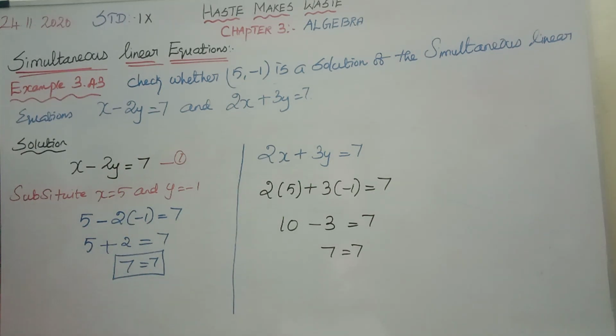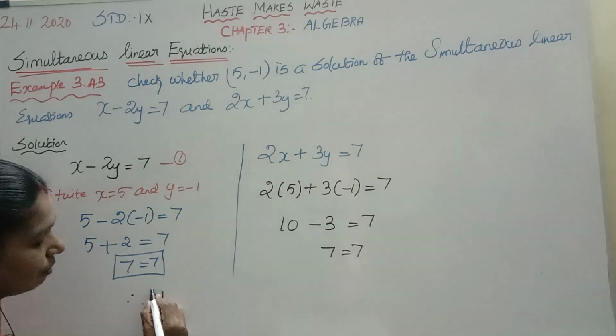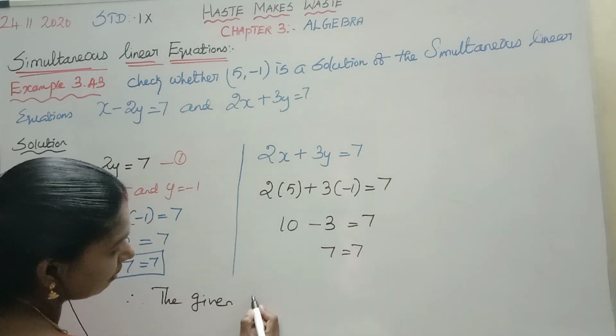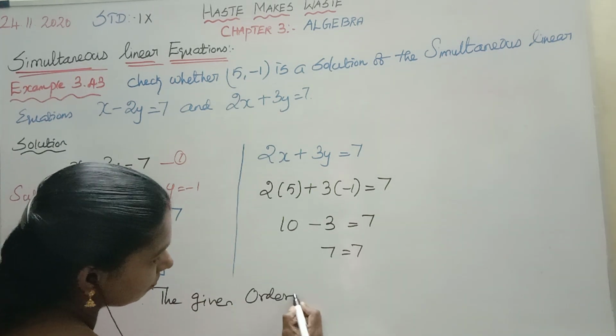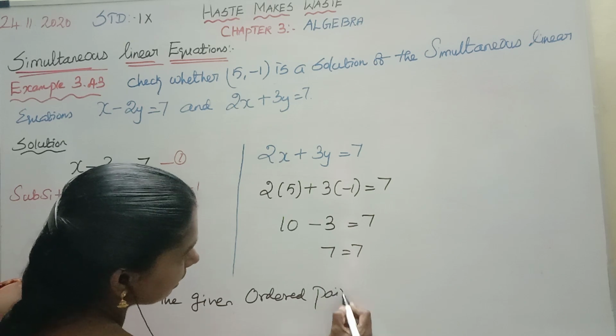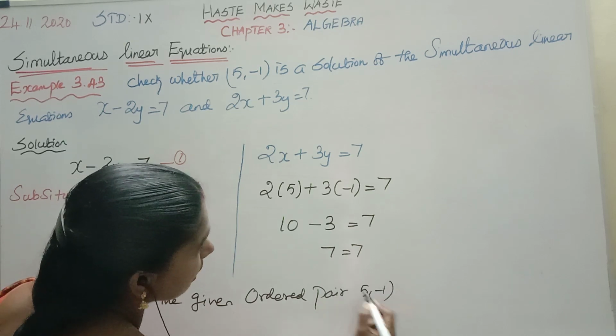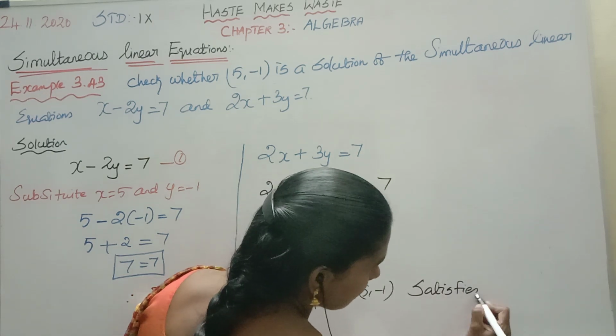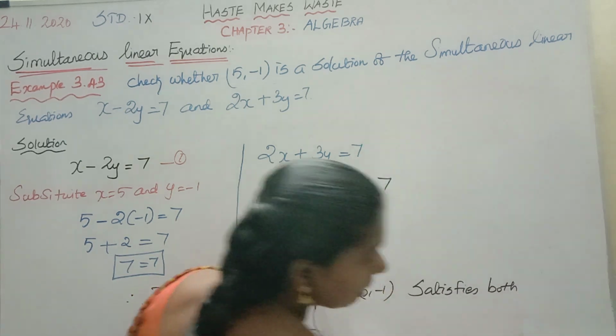Therefore, the given ordered pair, what is the ordered pair here? (5, -1) satisfies both the simultaneous linear equations.